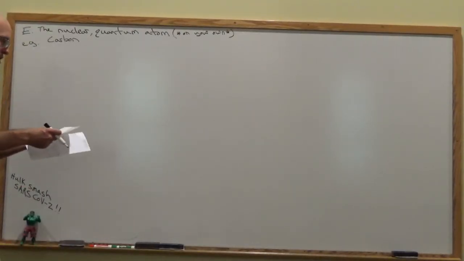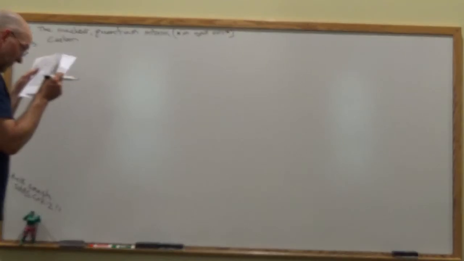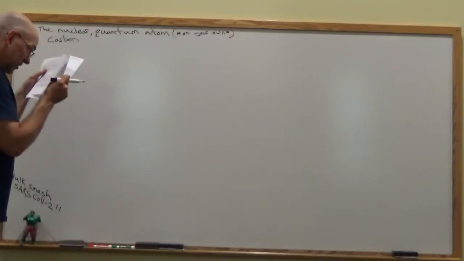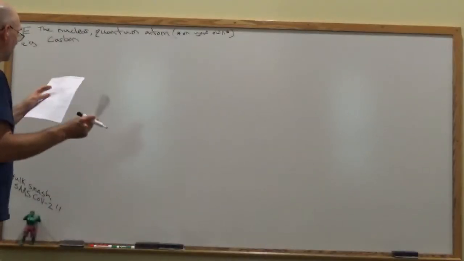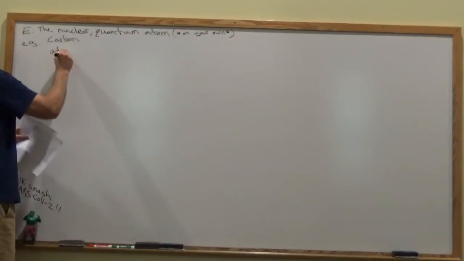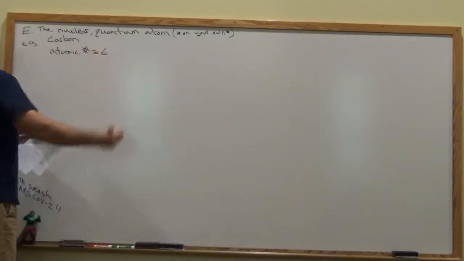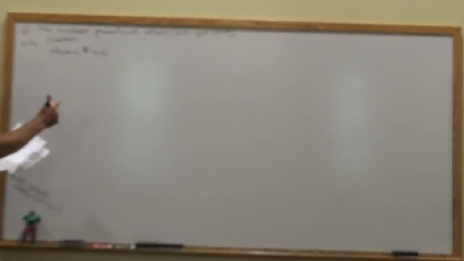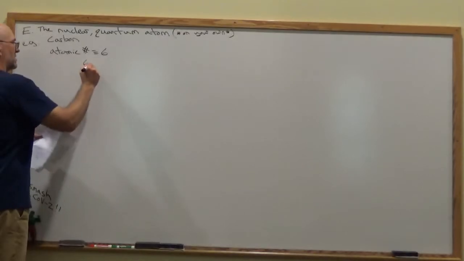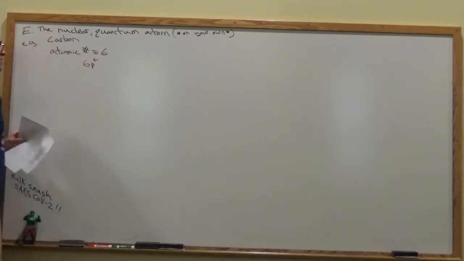All right, so carbon, excellent. Using your periodic table, carbon has an atomic number, sorry, it's kind of dark in here. Carbon has an atomic number of 6. So the atomic number is 6, excellent. So therefore we have 6 protons. Fine.